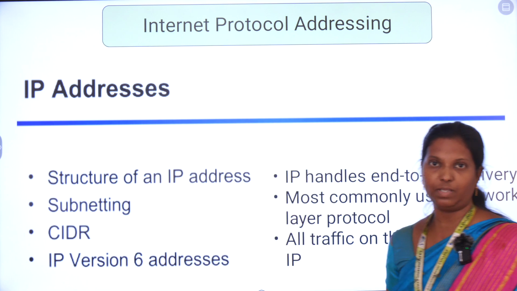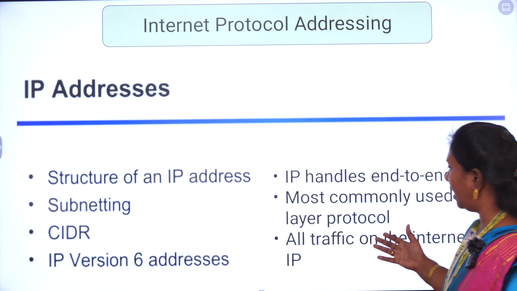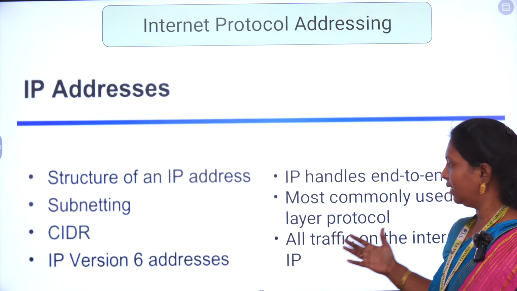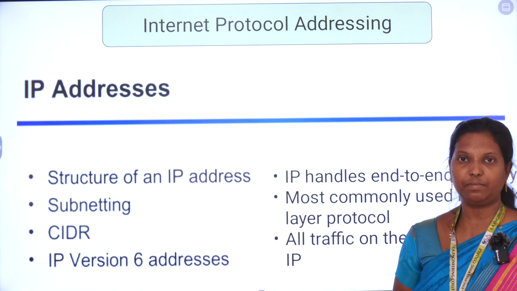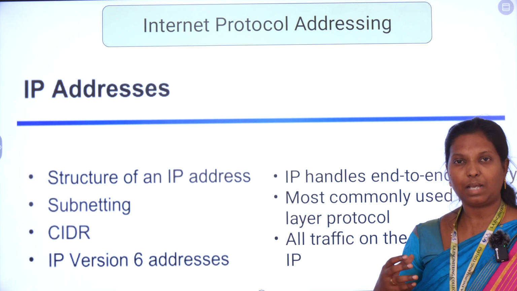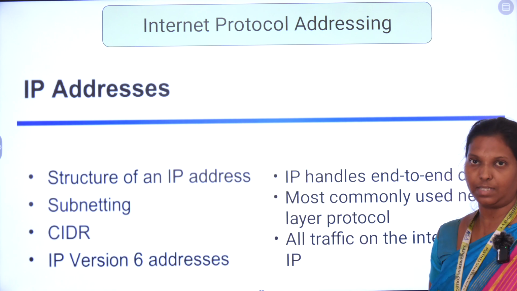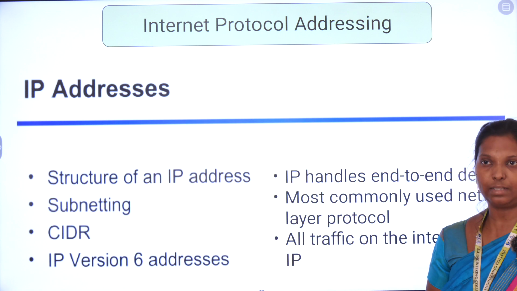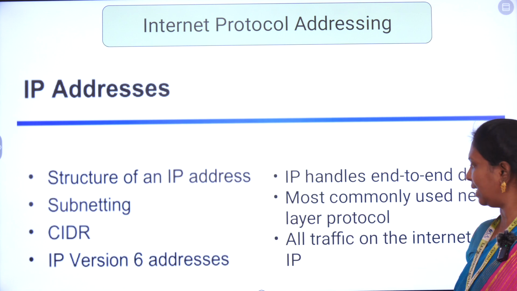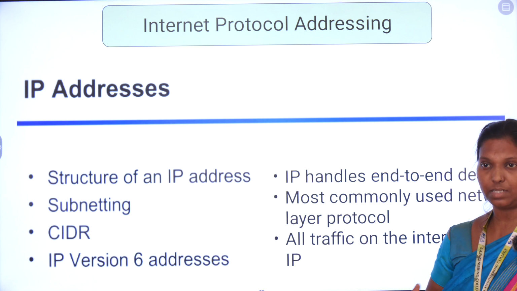Nowadays we are following IPv6. IP addressing handles the end-to-end connection. The primary devices that connect to the internet world are highly associated with IP addressing, and it is the most commonly used network layer protocol.